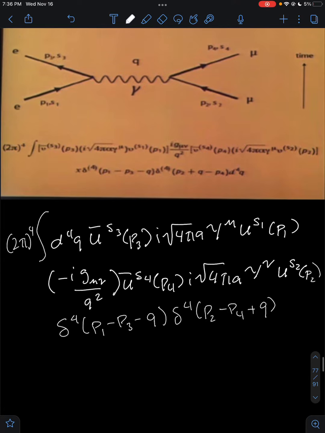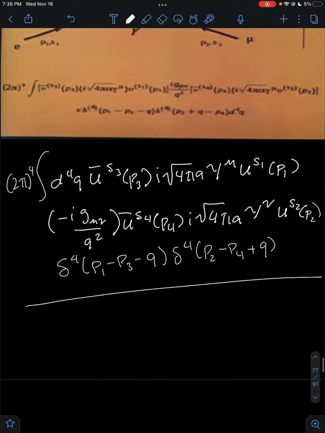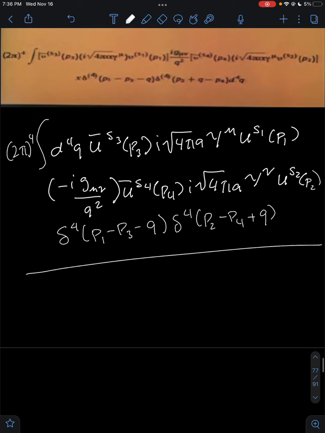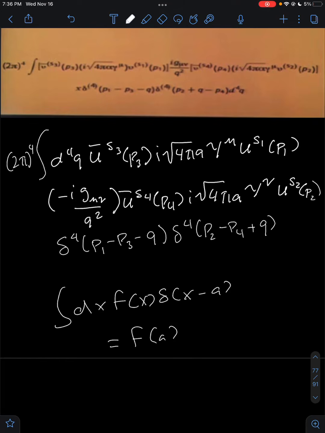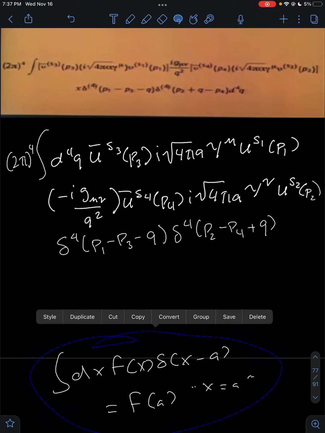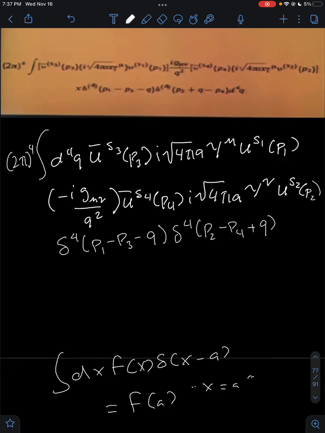But with that added, here is the right equation, and we can actually solve the integral pretty easily, because we know that the integral of dx of f of x times delta of x minus a is just going to be equal to f of a. So basically, x is going to equal a, sort of. So using that logic, this means that q here has to be equal to P1 minus P3, right?